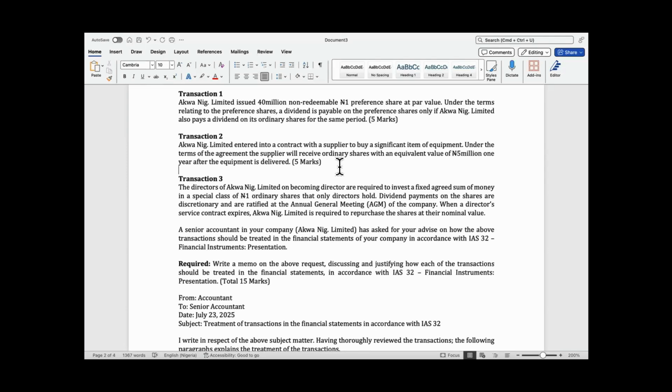So the key question here is this. We know that this guy has acquired assets. So he debits PPE. What we need to solve, the puzzle here, is what is he going to credit?